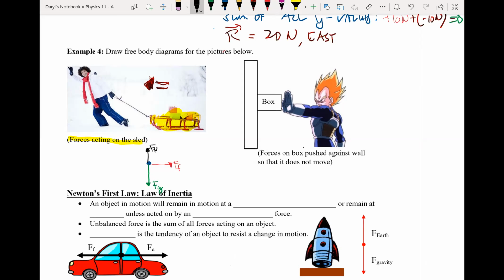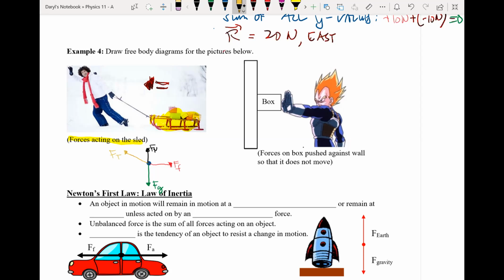Well, this particular person is trying, with the use of a string, to pull in that particular direction. So therefore, you have there a tension force in that direction. And that is Ft.